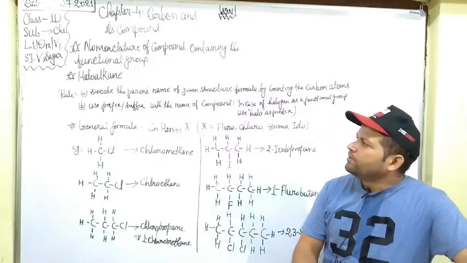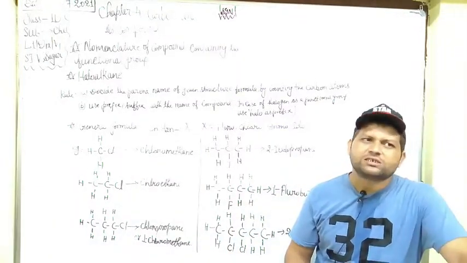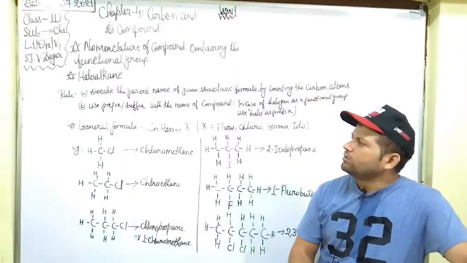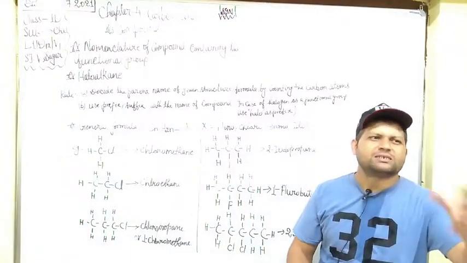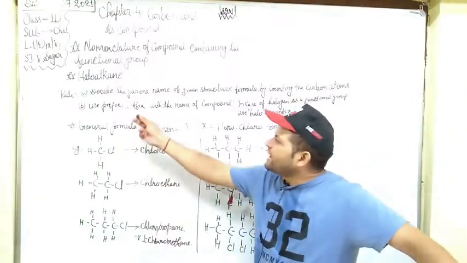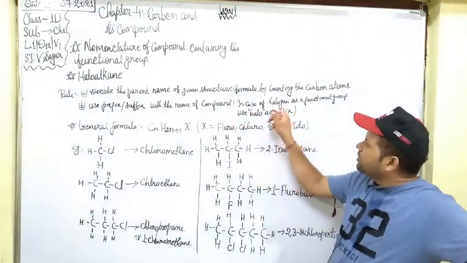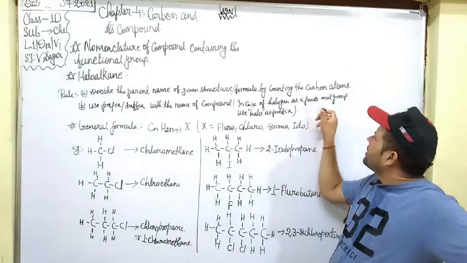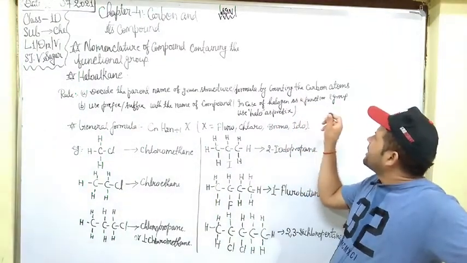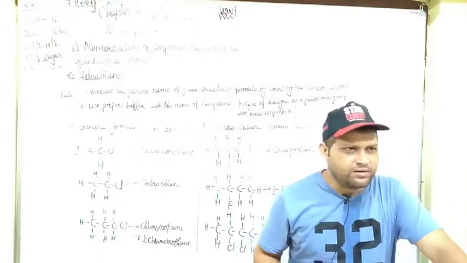Here, first of all, you have to know the rule. What is it? The rule is nothing, only the concept. You have to decide the parent name of a given structure or formula by counting the carbon atoms present in the longest chain.